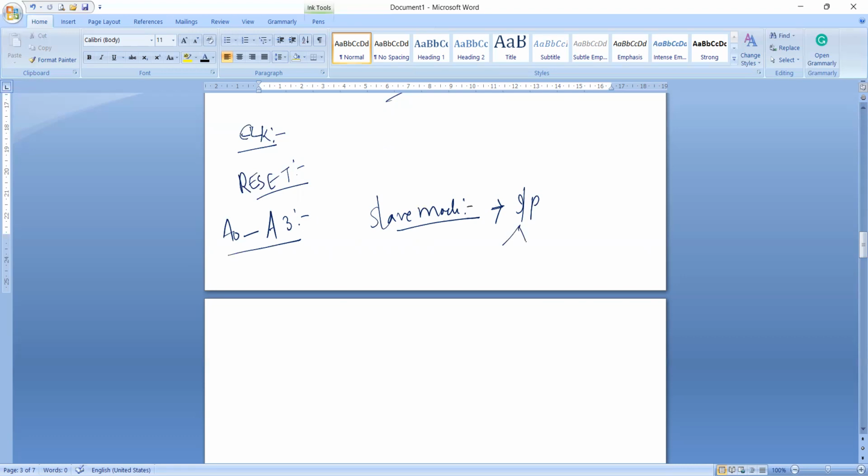These four lines, A0, A1, A2, A3, select one of the registers to read or write the data.